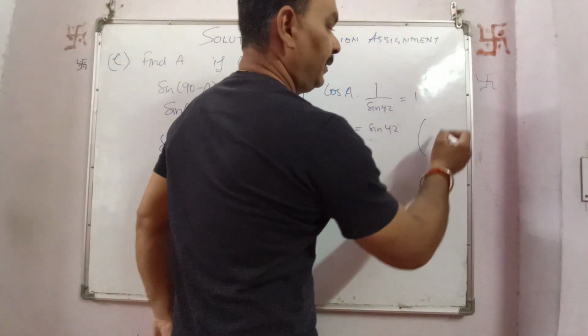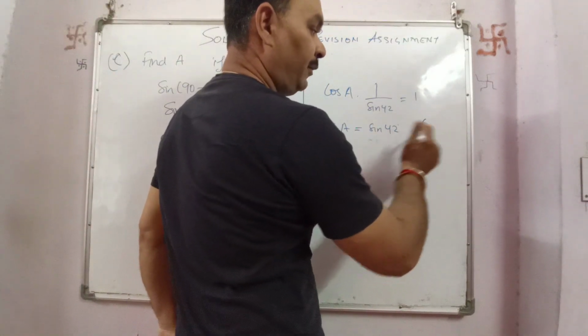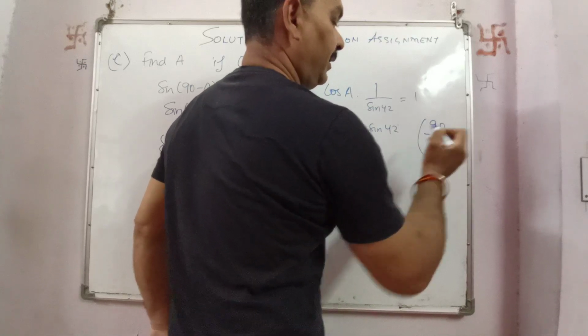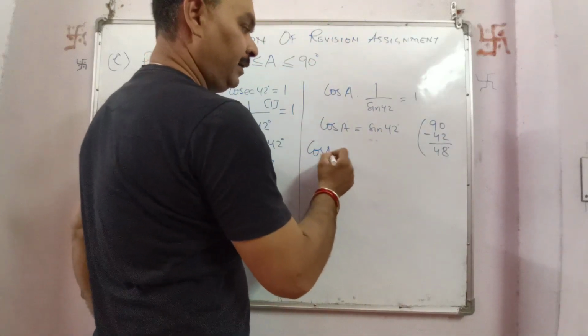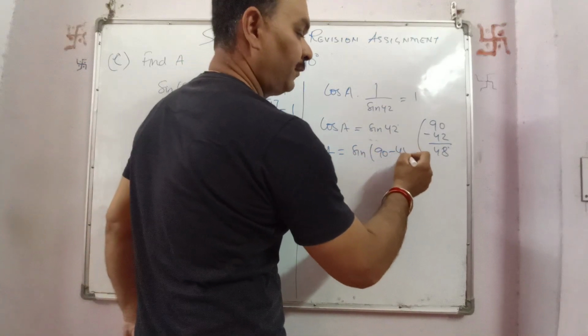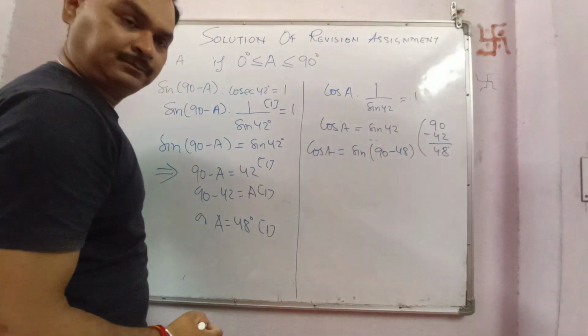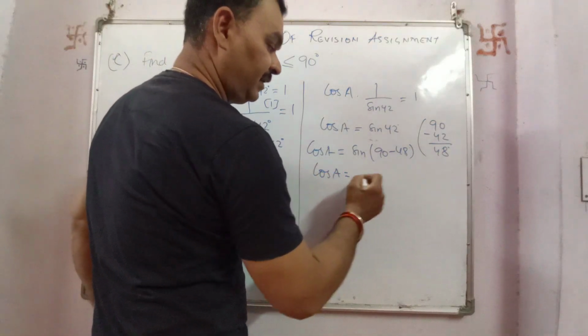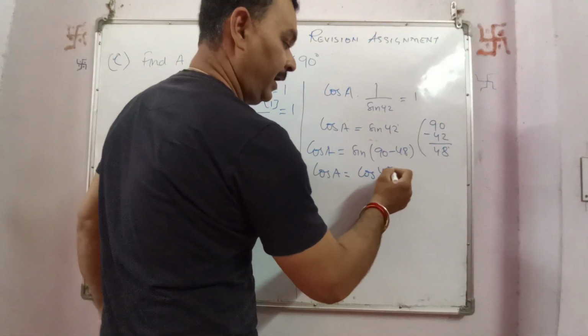So either we have to convert this cos A in terms of sine, or sine 42 in terms of cos. So we find the complement of 42. The complement of 42 is 48 degree. So in place of 42 we will write 90 minus 48.